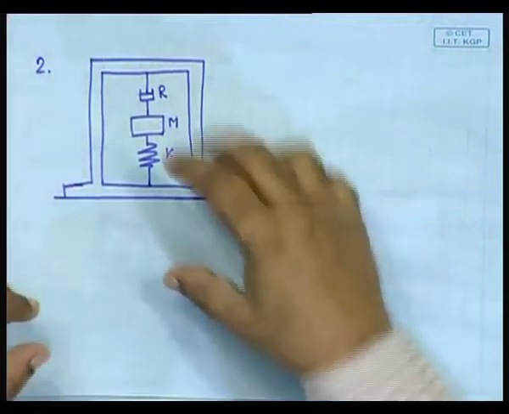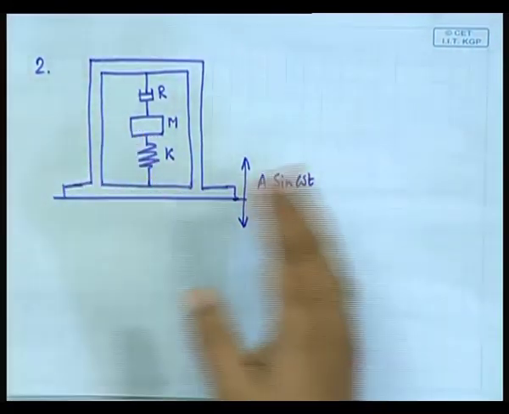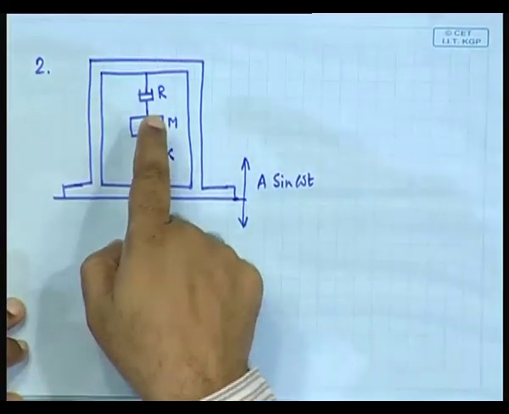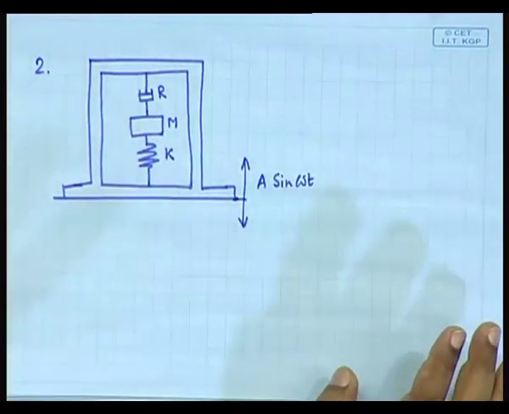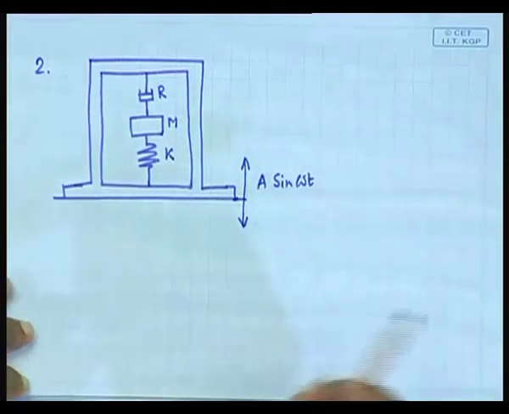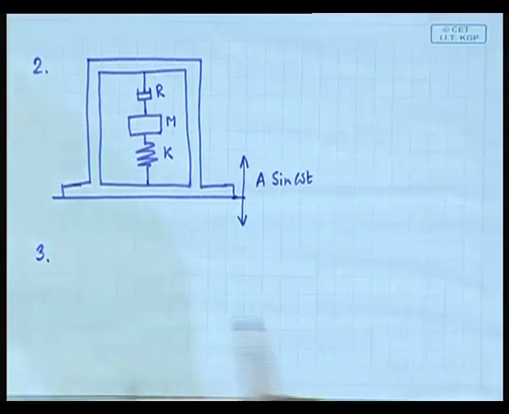That means, if this thing is vibrating, then that vibration will be somewhat less as seen in the mass. So, obtain the equation of the vibration of this mass. How will you do it?